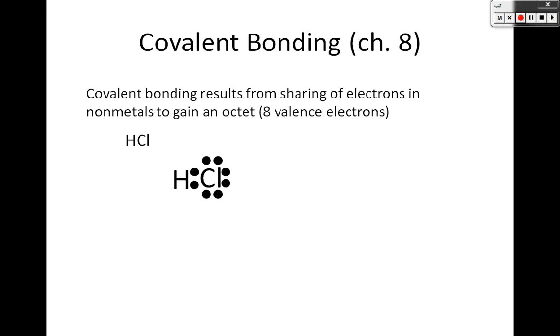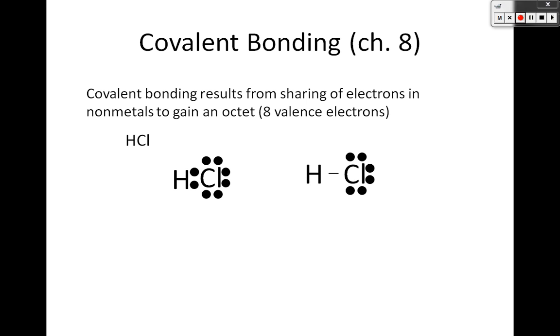And now both elements have a full octet. So chlorine has its 1, 2, 3, 4, 5, 6, 7, 8. Hydrogen only needs 2, so it has 1, 2. What you need to understand is these 2 electrons here are shared between the 2 elements. They both get to count them.